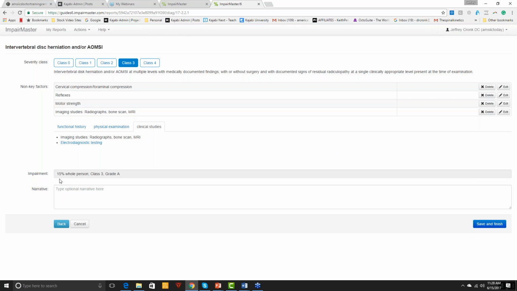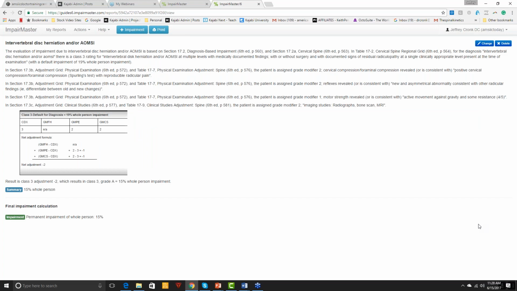It doesn't matter. You can argue with the guidelines all you want to. The bottom line is just do them, and when you're all done, save and finish, and now you have a report. This report is copied and pasted into any report that you want to produce. And that's the easiest way that I know to do impairment ratings. They're that easy to do.